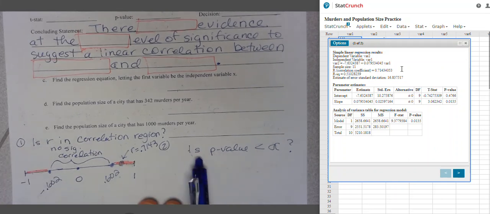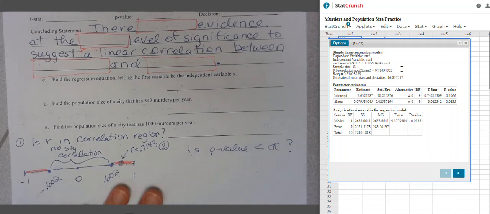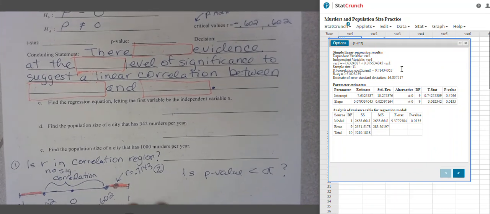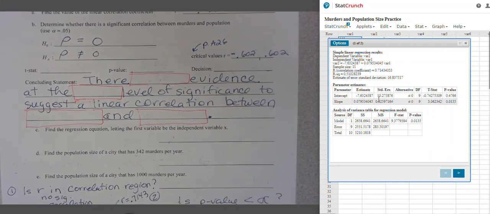The second way is looking at the p-value. So the p-value comes from StatCrunch. And let's take a look at where we get that. We look here, there's a lot of data here, but we're looking at this row that says slope. This 3.06 value is the test statistic, which gives us a p-value.